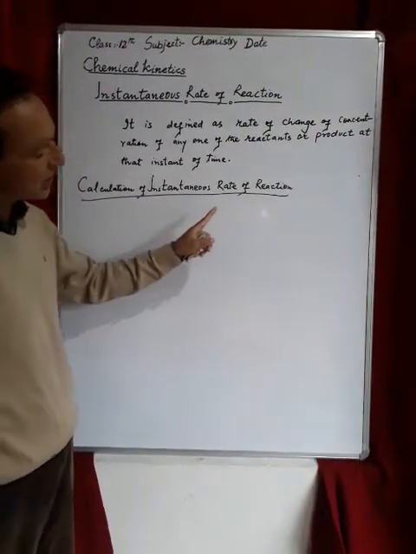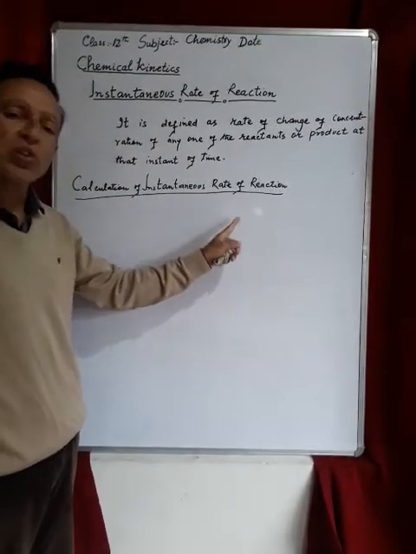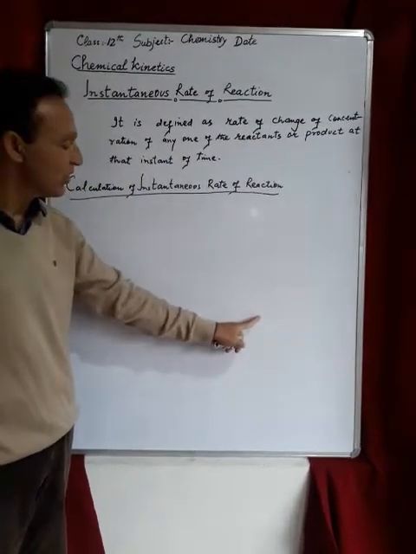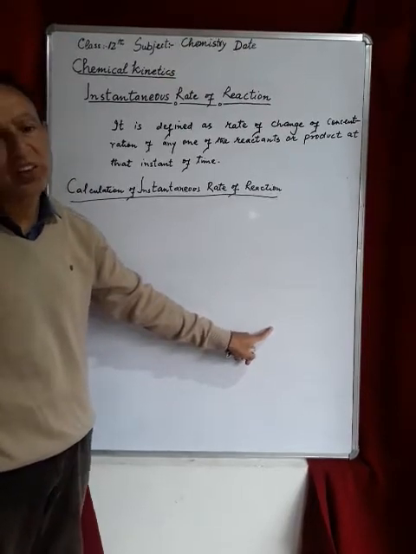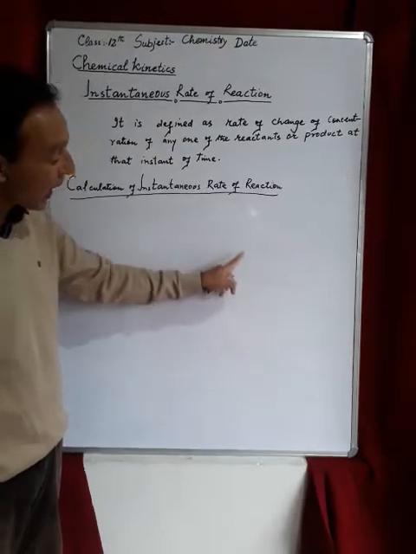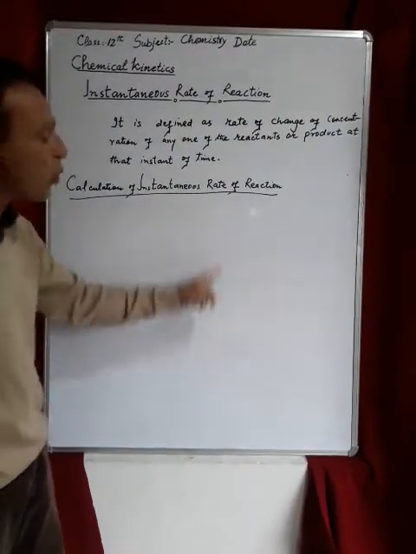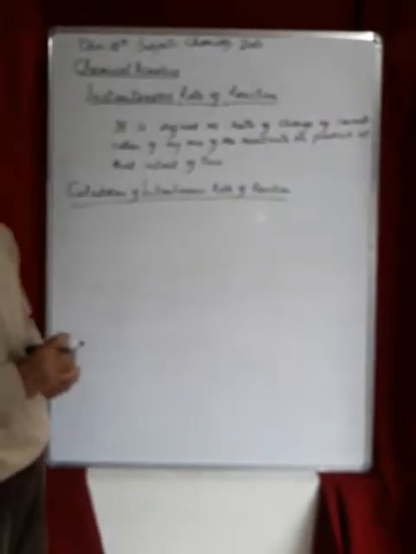And the tangent is drawn to the curve at a point which corresponds to the time at which we have to calculate the rate of reaction, that is the instantaneous rate of reaction.